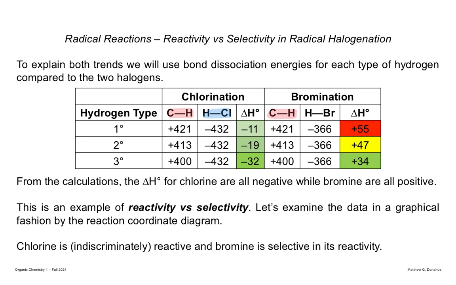What's different now for bromine, so again, that value changes to negative 366. Notice these values in that column are all positive. So you have plus 34, plus 47, plus 55. Again, that means you're starting from 0 and you have to go up.